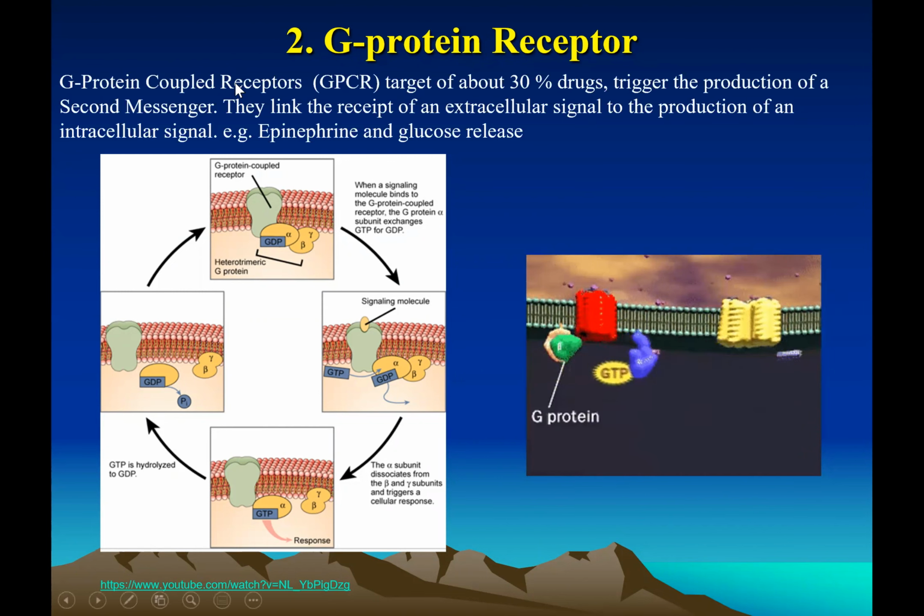So the ligand attachment, dimerization, phosphorylation. Here it is activating the next protein in order to activate the signal transduction pathway. Another example that we see in your textbook is the epidermal growth factor.